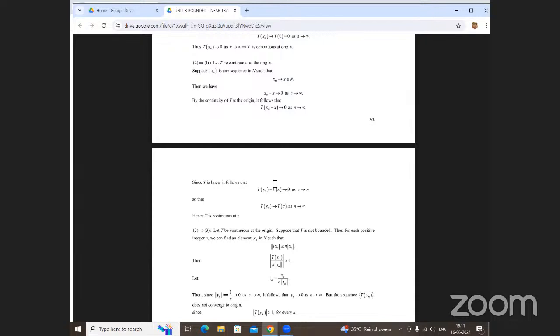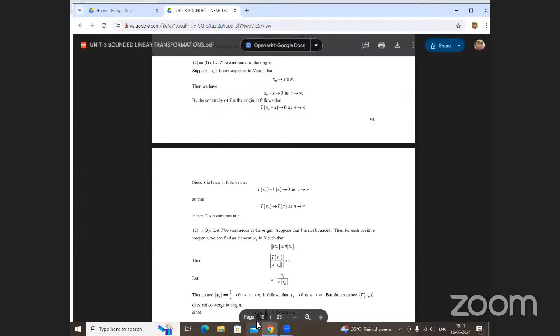So T of xn converges to T of x as n tends to infinity. That is, T is continuous at x.